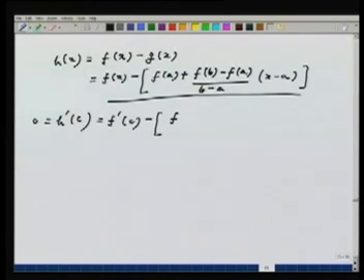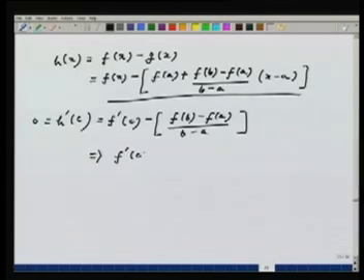Then what I get is (f(b) minus f(a))/(b minus a). This is equal to 0. This in turn implies that f prime C equals (f(b) minus f(a))/(b minus a).